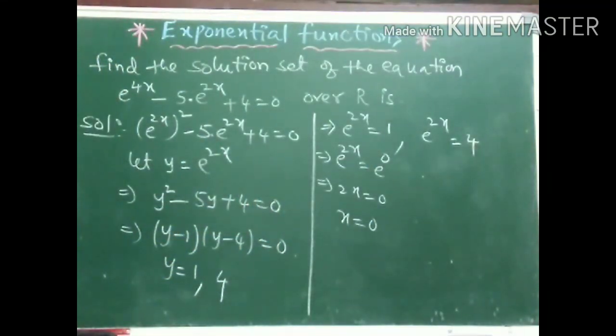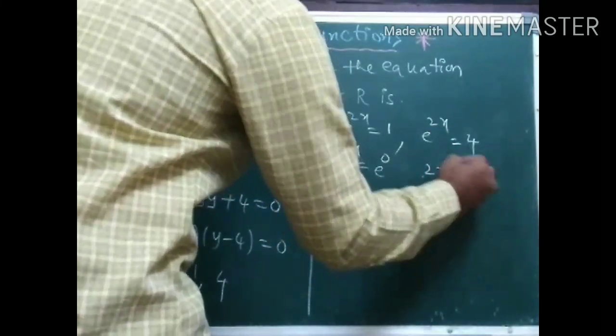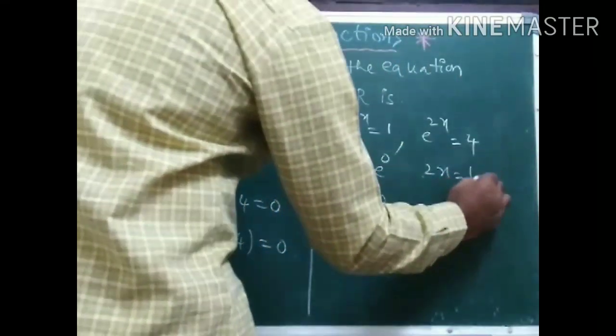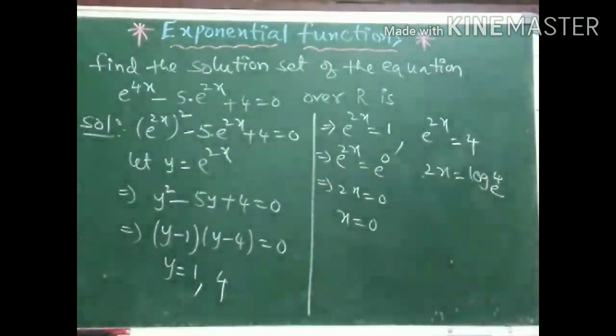is one of the solutions. And coming to this, 2x is equal to, see here e is the normal base, on sending it becomes the logarithmic base. See, e to the power of 2x is equal to 4, which is the exponential form right now.